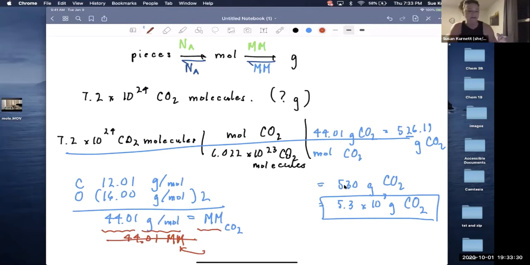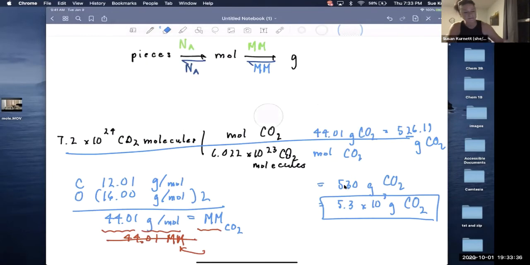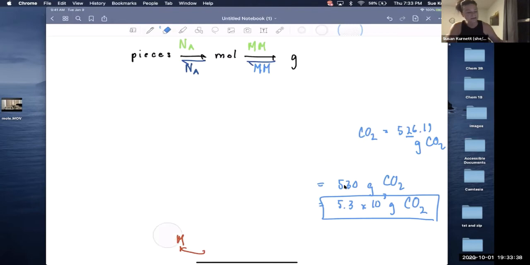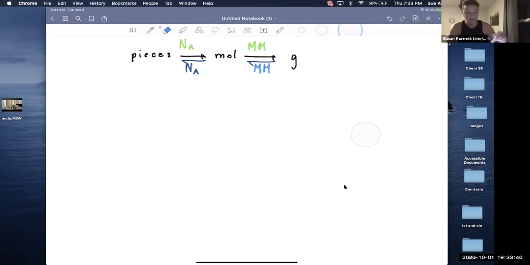Okay, let's do something ionic. So ionic is going to be cation plus anion, and usually that's metal plus non-metal. It can be ammonium as a cation, and then there's no metals in it, but let's start with something like sodium sulfate.